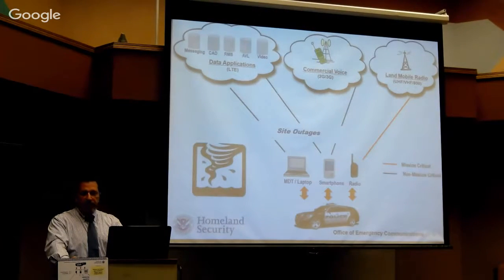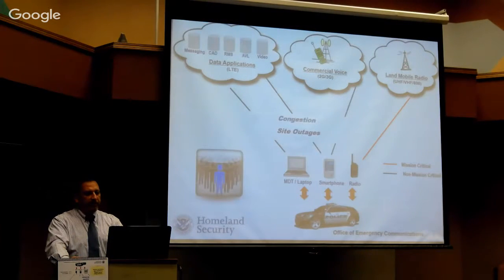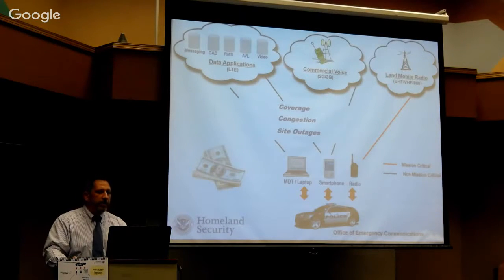The issue is currently, from a commercial standpoint, anytime you're using mobile data or commercial voice, they're susceptible to site outages, congestion, and coverage issues. Coverage was built from the commercial network standpoint for basically where the population is.